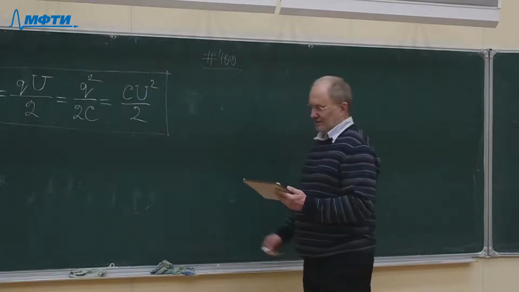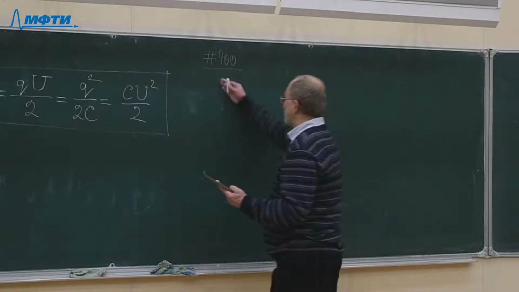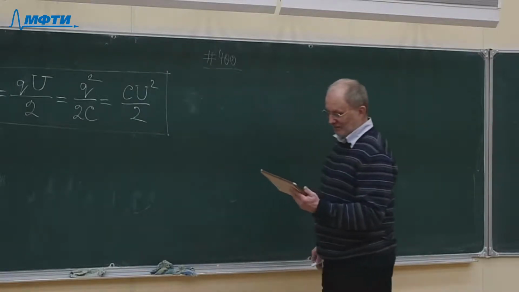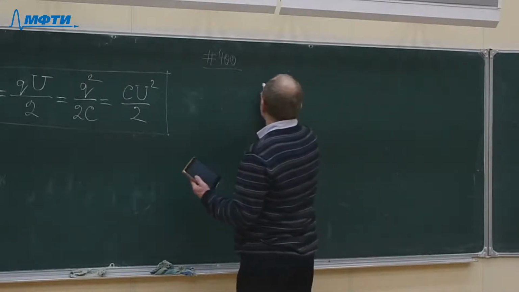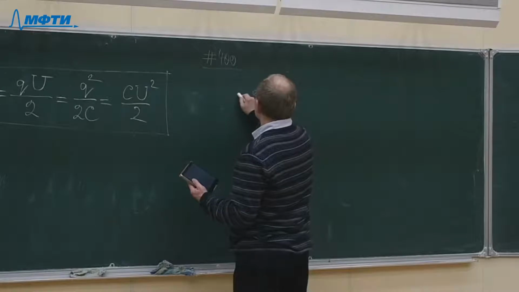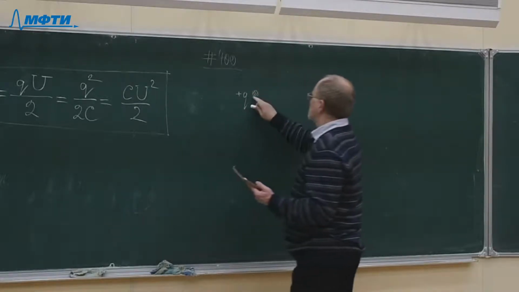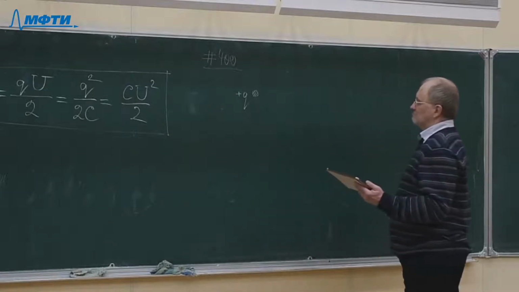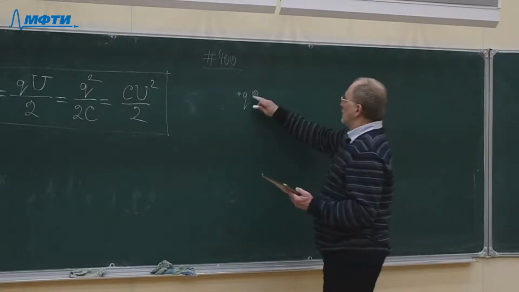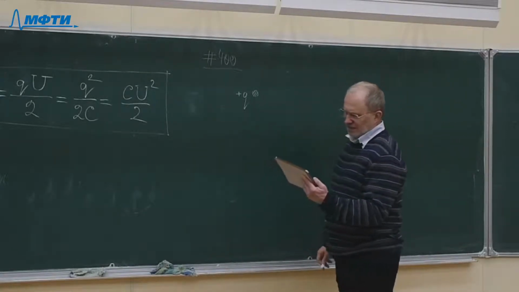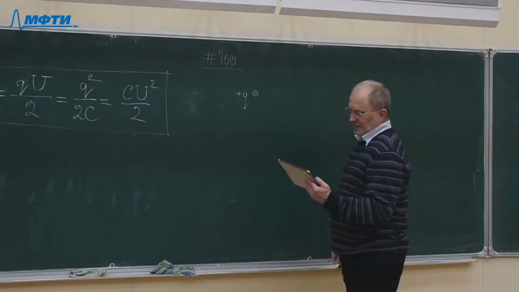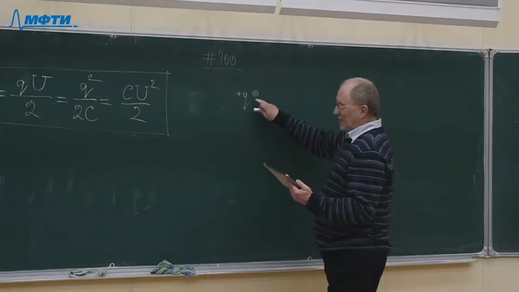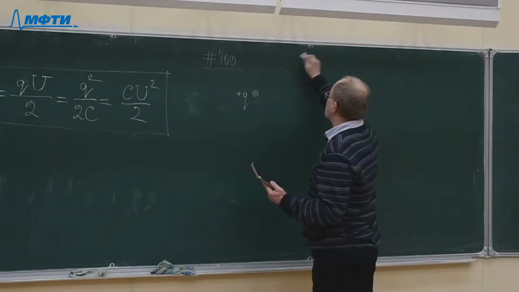Well, sometimes the translation into English of this collection of problems is clumsy. So we have some body charged, for example, to a charge plus Q. Some small body having charge plus Q. And the problem asks, can we use somehow this charge to obtain a much larger charge on another body?